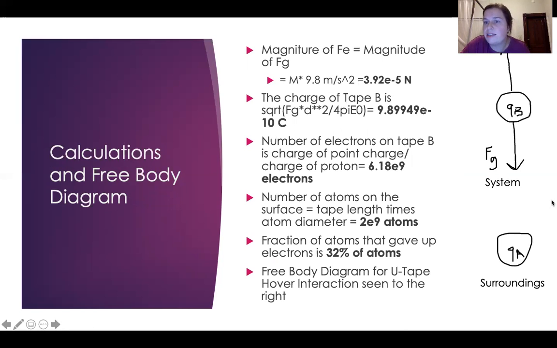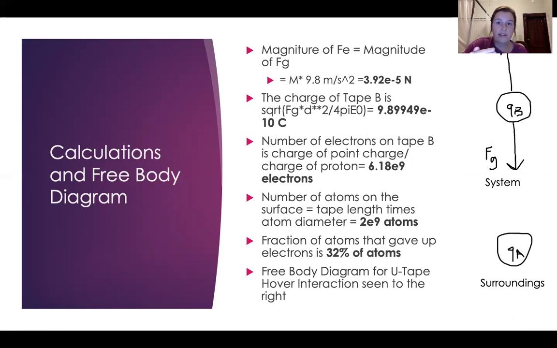So I found here with the system of point charge B and the surrounding of point charge A, I outlined that the force of the electric charge was pointing upward and repelling itself from the surroundings, and the gravitational force was pointing downward, given that the piece of tape was floating in the air.